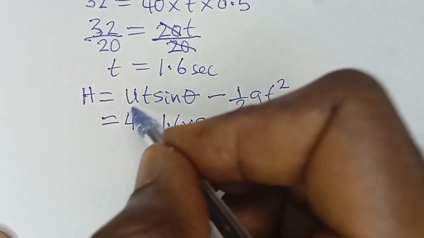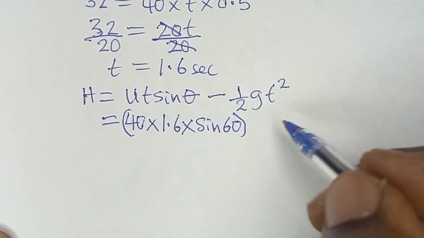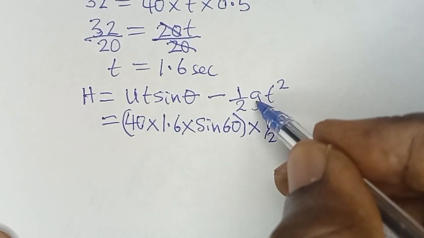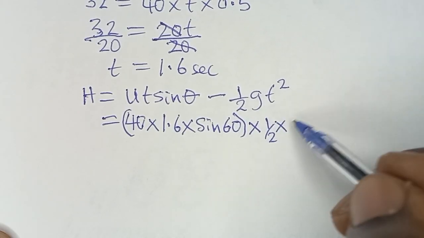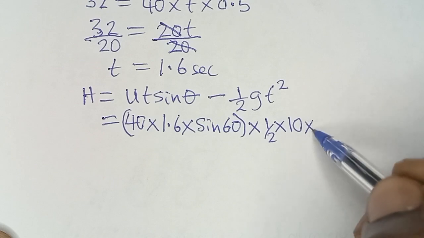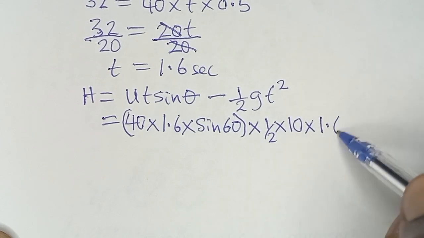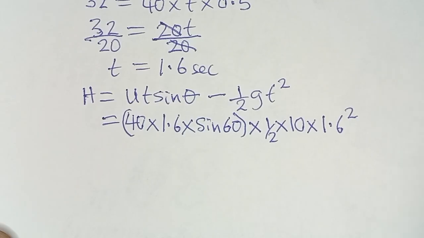Let me put this part in brackets. And then minus half times 10, the acceleration of gravity is 10. So 10 multiplied by 1.6 squared. Don't forget, the time is 1.6.